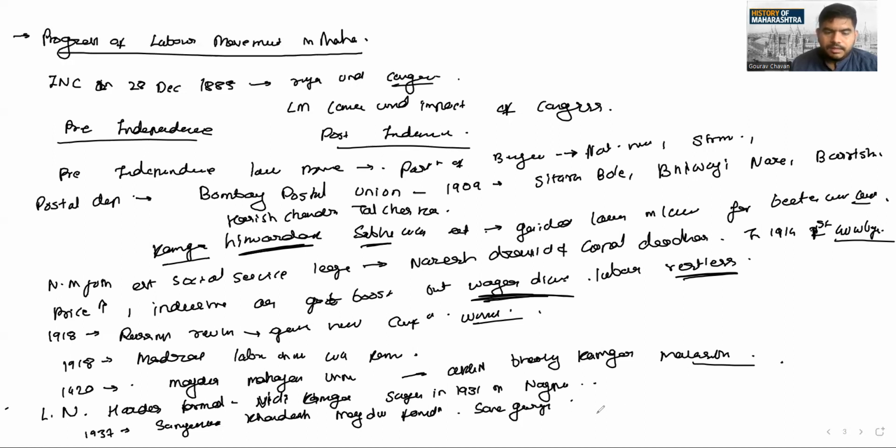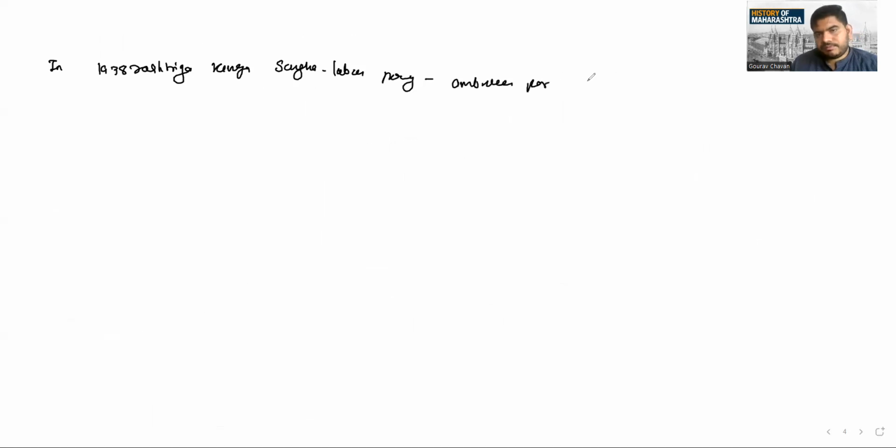Then in 1938, the Rashtriya Kamgar Sangh, or Labour Party, was established by Ambedkar for landless laborers and farmers.